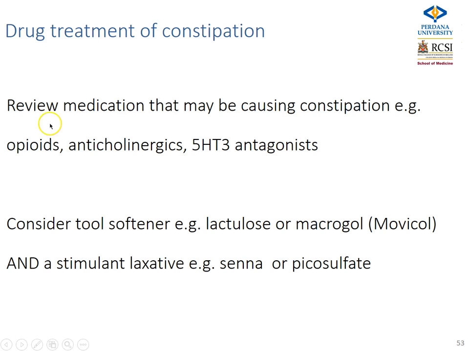When prescribing opioids for pain in palliative care, they should always be prescribed with a laxative so that you don't get into this muddle of having to deal with constipation. Try to prevent it. You might want to consider a stool softener in addition to a stimulant laxative like senna.